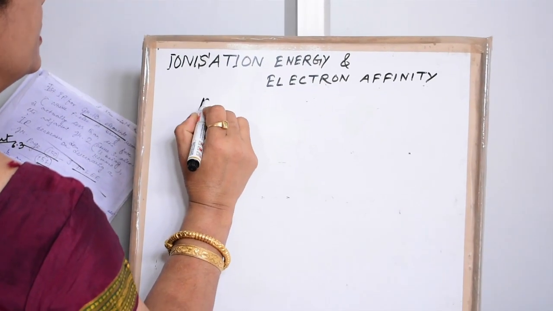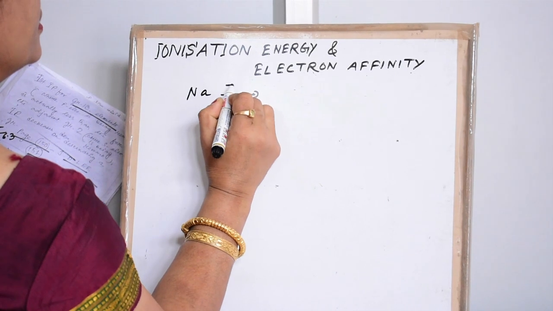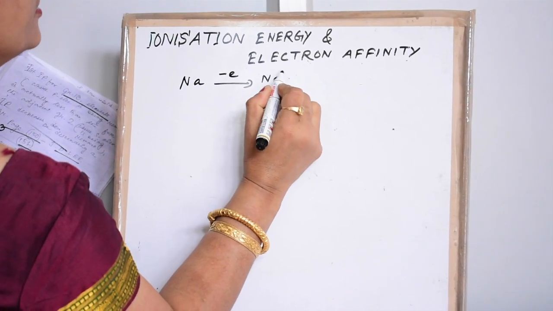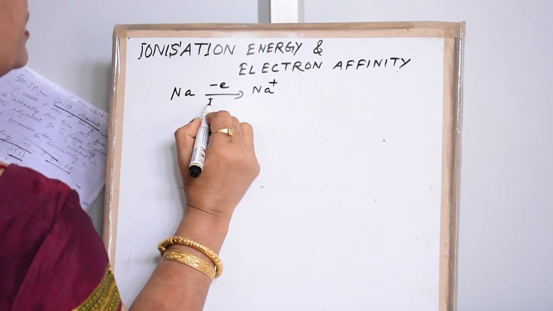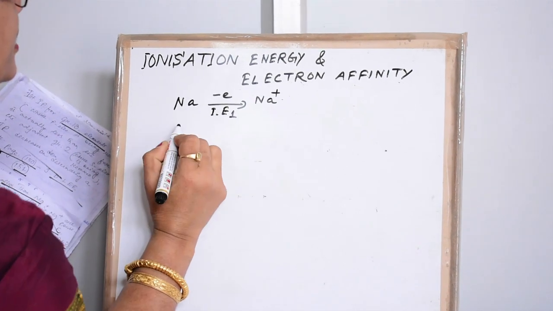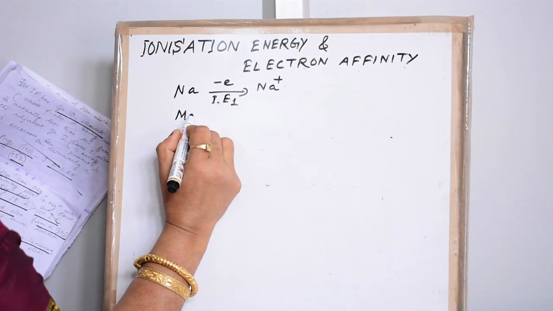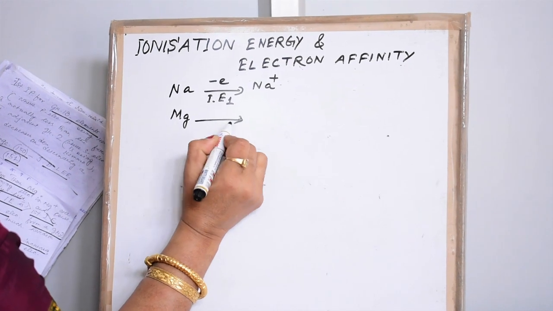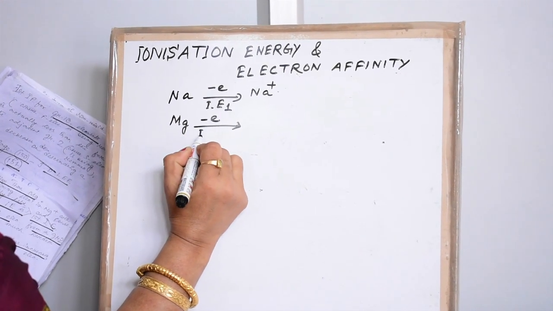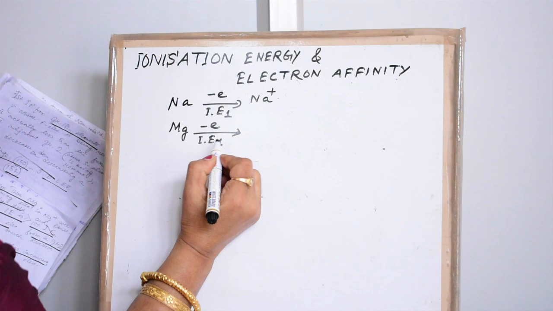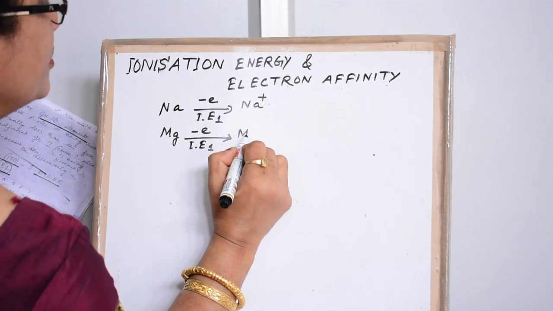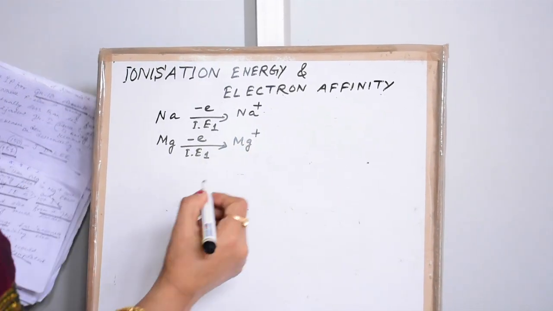As you know, Na, after removing the first electron, will form Na+. This is the first ionization energy. If we take the group 2 metal Mg, after removing the first electron by applying the first ionization energy, we will get Mg+.